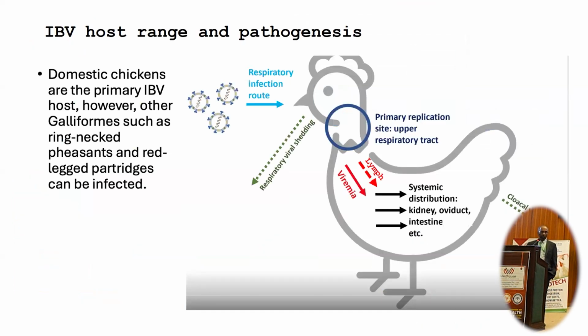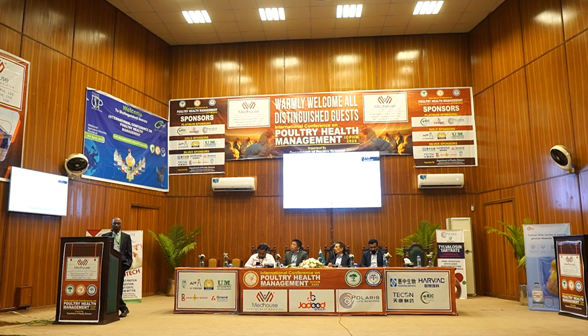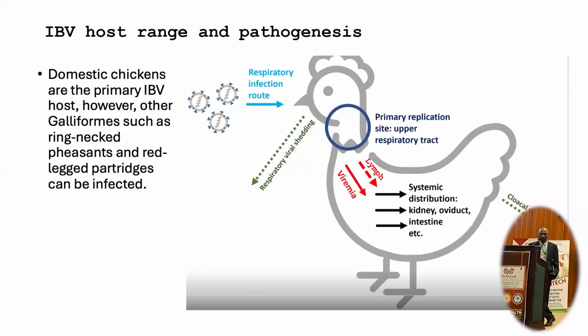Okay, it's a respiratory virus, and it ends up in the lungs. It causes lesions in the upper respiratory tract. And in the lung, the macrophages are infected. That we proved somewhere around 2016-17. At the same time, a paper came from Belgium, and it proved IBV replicates in the monocytes.